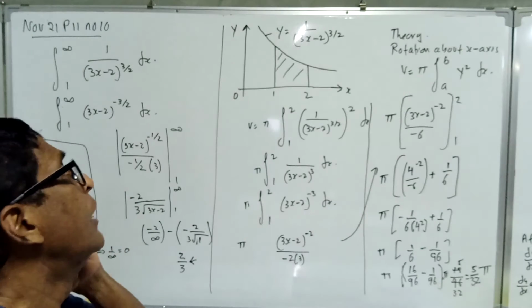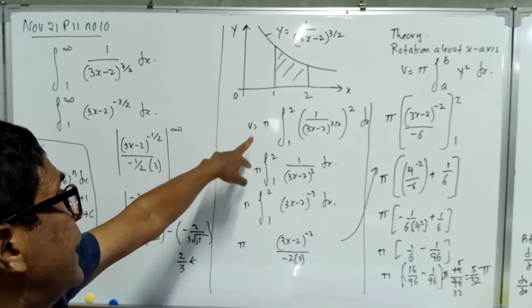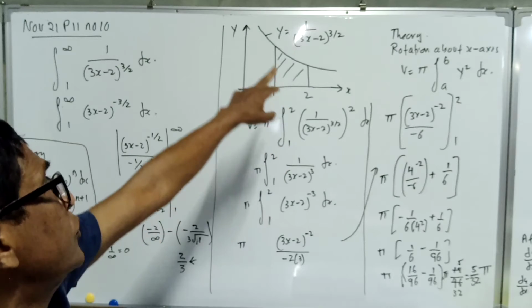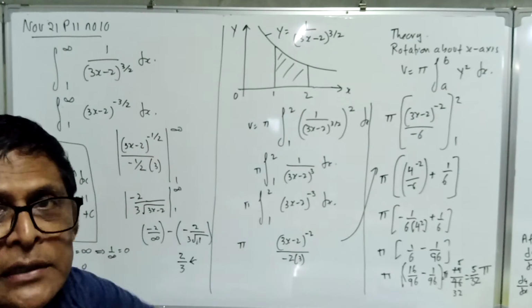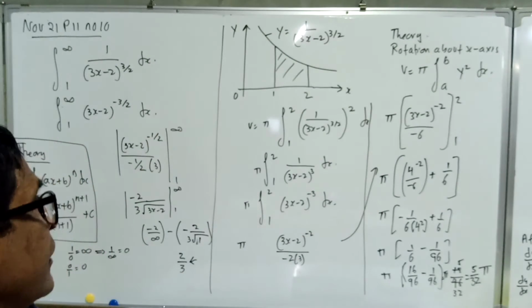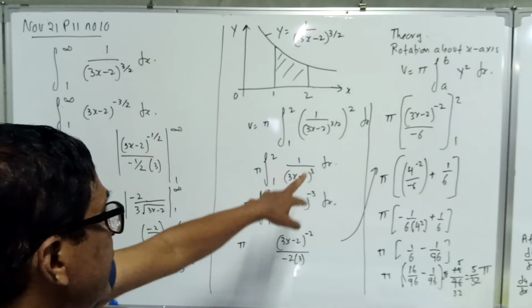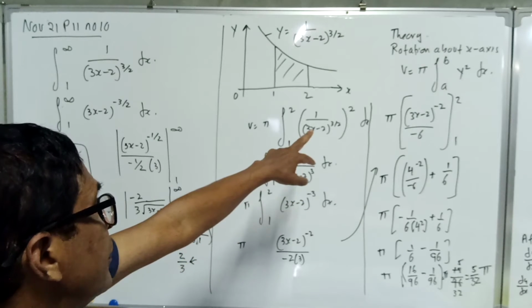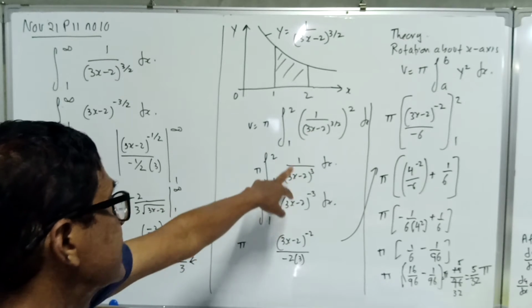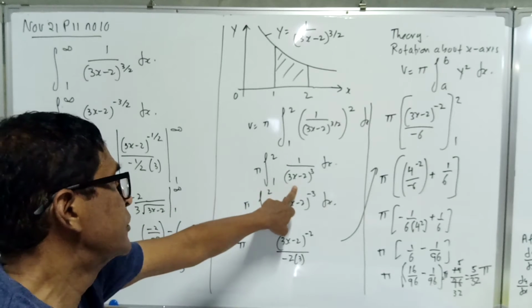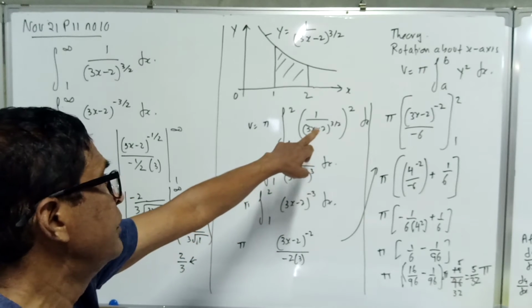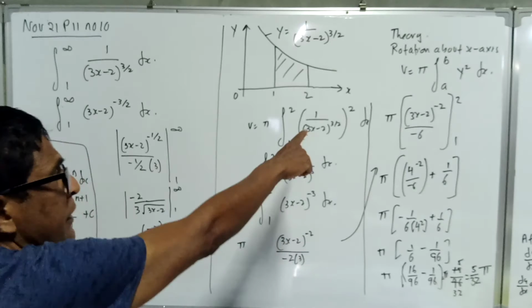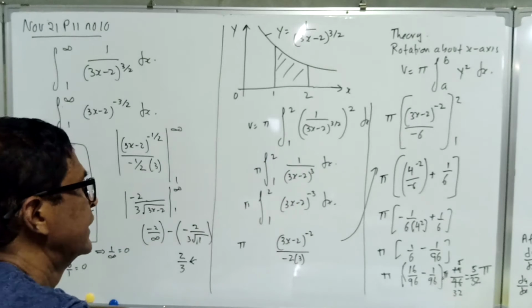Now, here also you put pi, y squared, so you take all these, you square it. When you square this, it becomes 1. When you square this, it becomes 3, because 2 will cancel in 2.